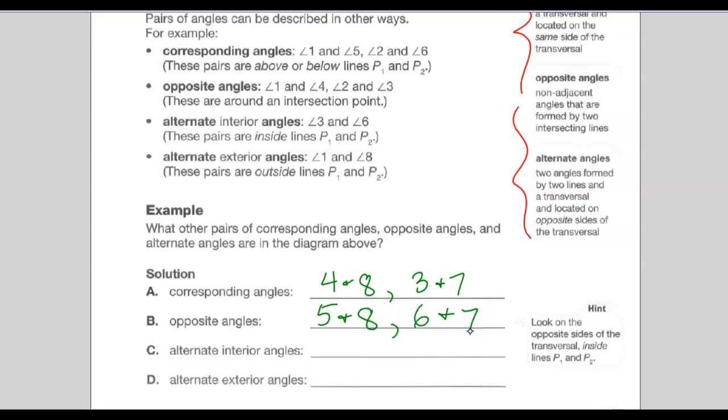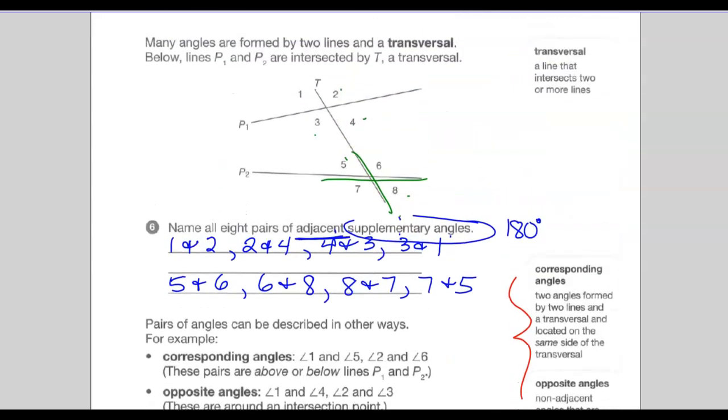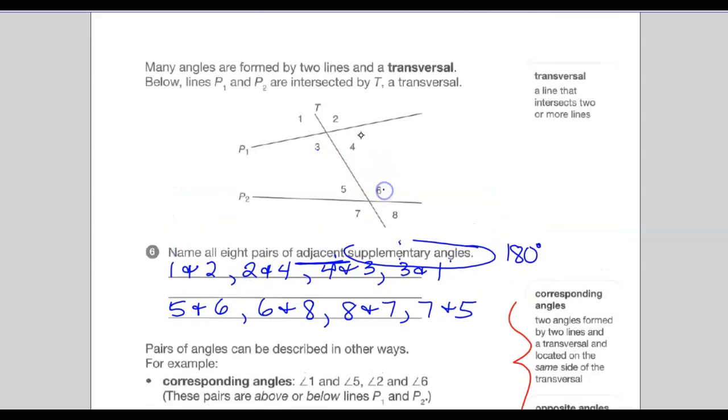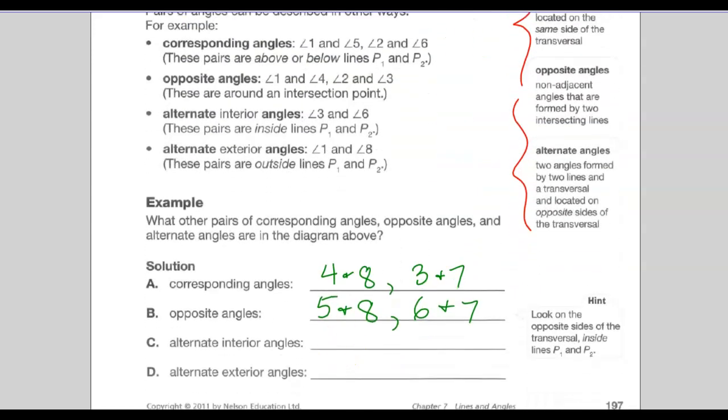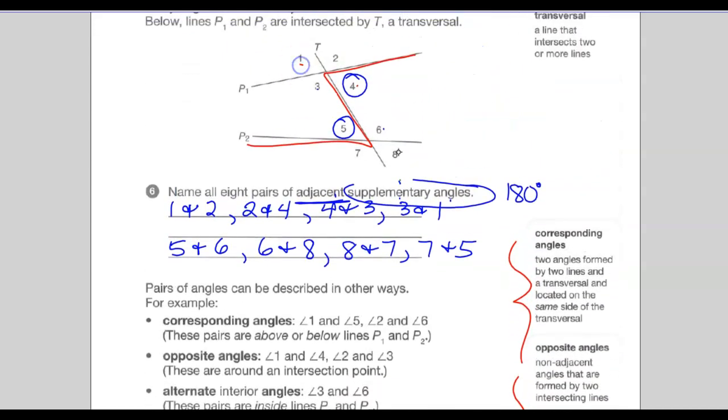And then alternate interior angles. Okay, so alternate interior angles. What was listed was 3 and 6. So then we would have 4 and 5. And again, kind of a backwards Z, 4 and 5. And alternate exterior, what was listed was 1 and 8.